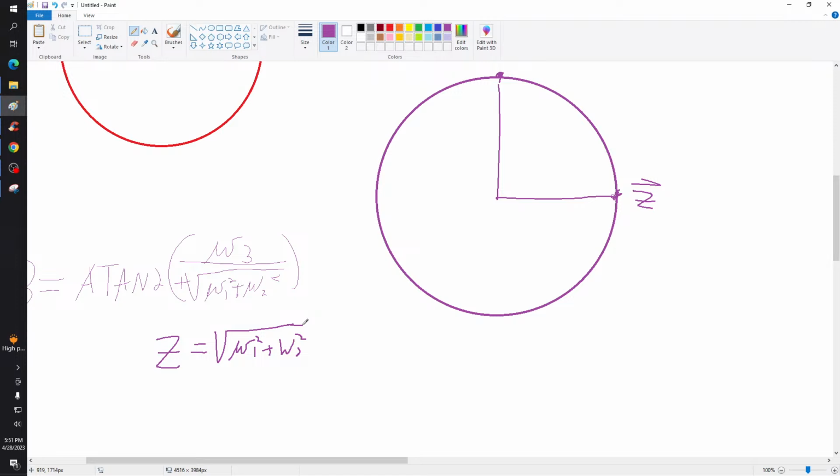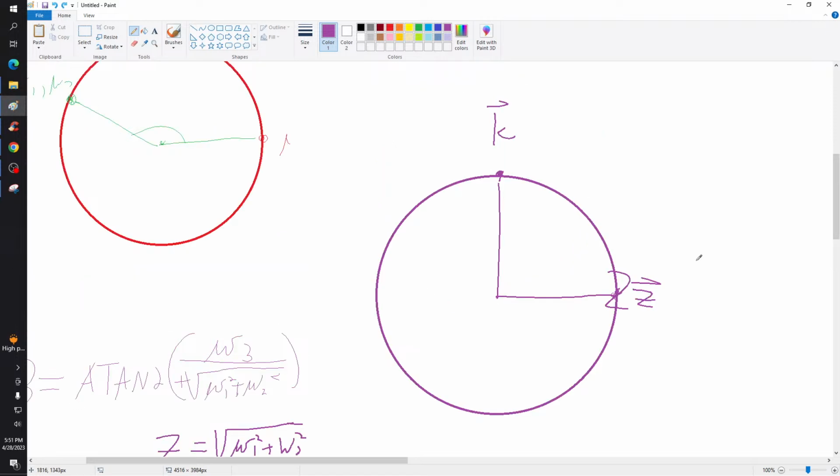So we're writing this as capital Z, a real number, times the z unit vector. And wherever that coordinate falls, let's say it was down here, this is Z times the unit z vector plus w3 k. Then we're looking for whatever this angle is here. So this is the beta angle, and up here we have the alpha angle in the ij circle.